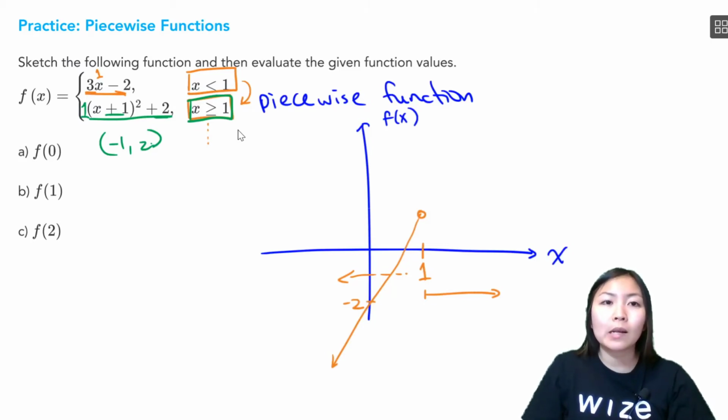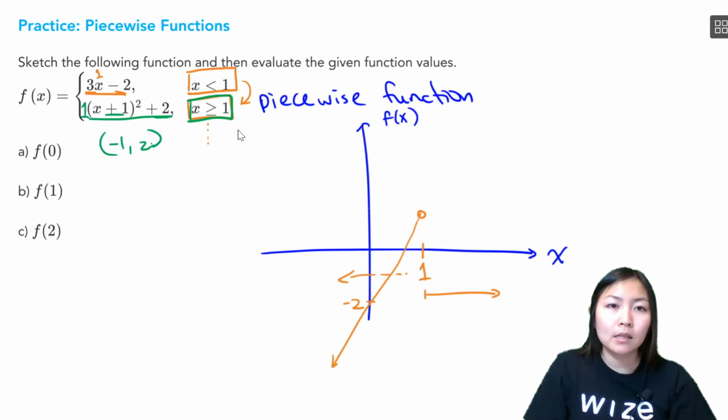So let's think about what happens when x equals 1, because this is included in this interval. So when x equals 1, I'm going to get 1 plus 1, which is 2. 2 squared is 4. 4 plus 2 is 6. So when x equals 1, I'm going to get the value of 6. And then it's a parabola, so it's going to go up, up, up forever. Give or take. Not drawn to scale, but those are the 2 pieces.